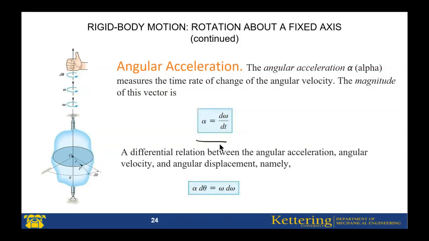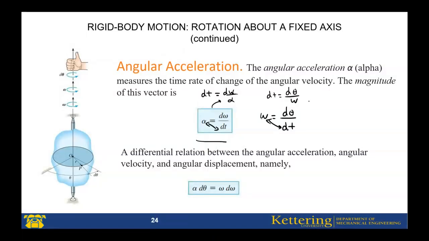Also, we can relate them together. We have alpha equal to d omega with respect to time, and omega equal to d theta with respect to time. From these, I can change the positions: dt is d omega divided by alpha, and dt is d theta divided by omega.